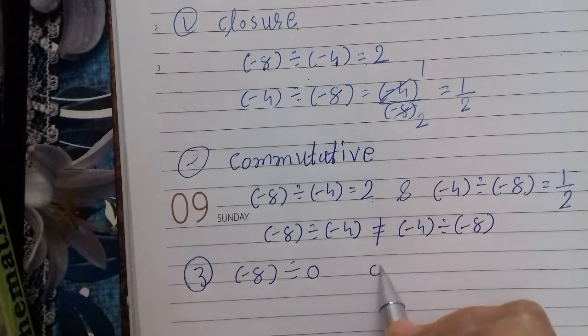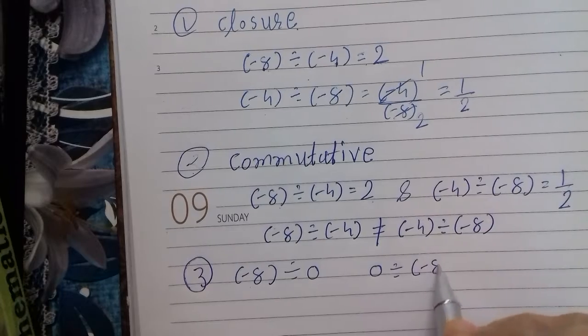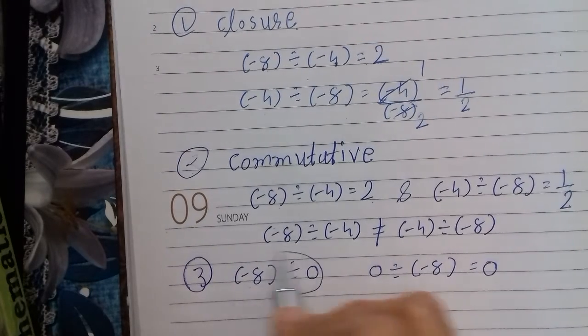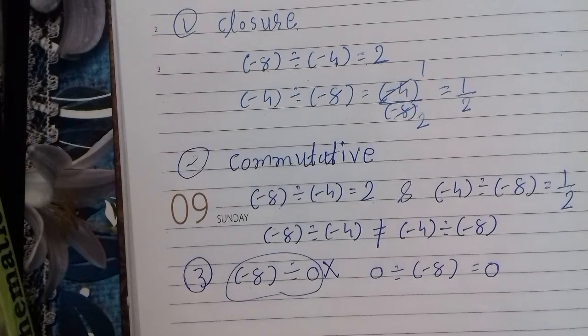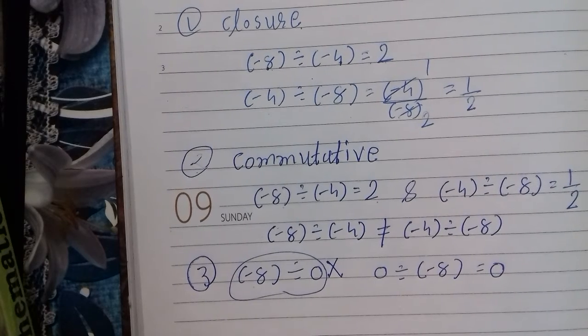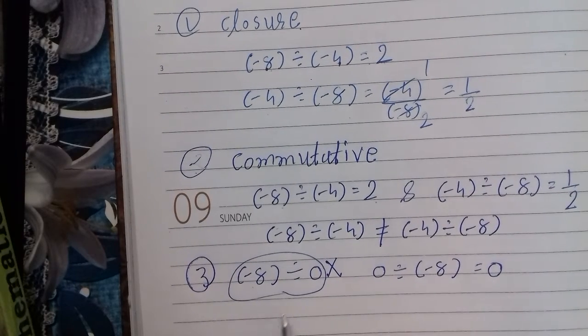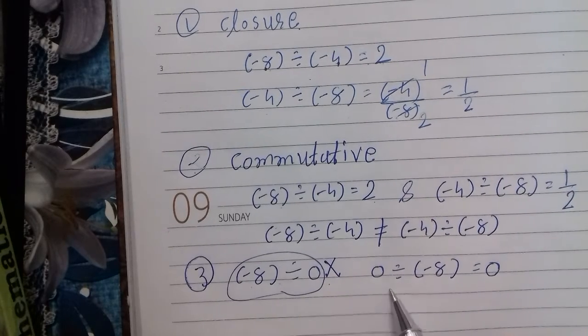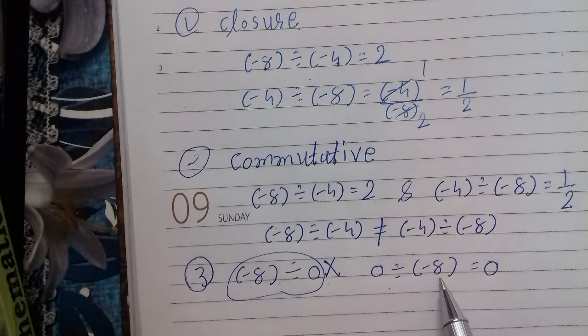But if you divide 0 by any integer, the answer is 0. So we can say that any integer divided by 0 is meaningless, and 0 divided by any integer other than 0 is equal to 0.